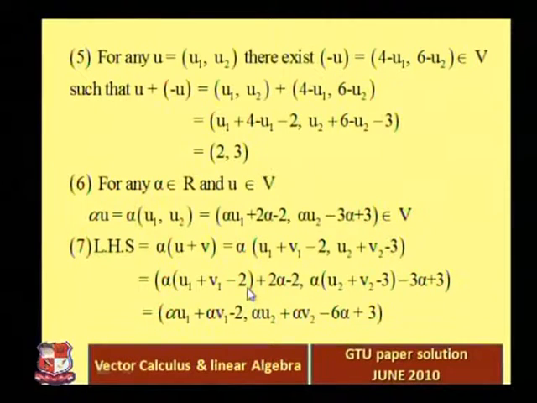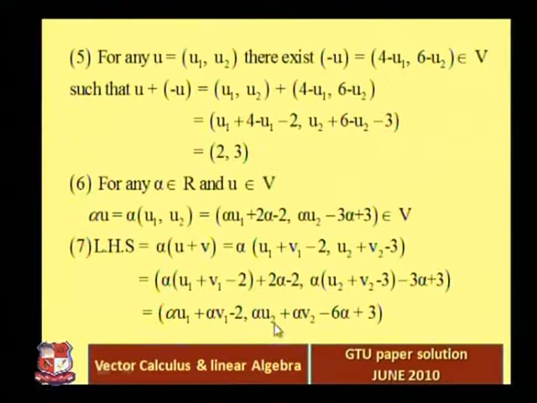And then alpha u2 plus alpha v2 minus 3 alpha minus 3 alpha, that will become minus 6 alpha plus 3. Okay, so this is the LHS, the left hand side: alpha into (u plus v) gives (alpha u1 plus alpha v1 minus 2, alpha u2 plus alpha v2 minus 6 alpha plus 3).